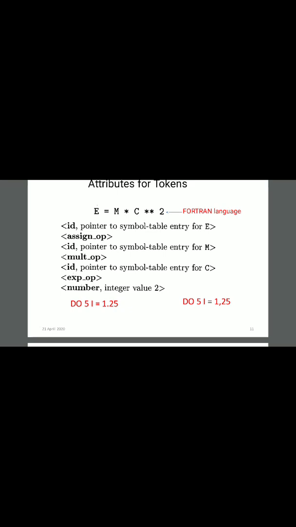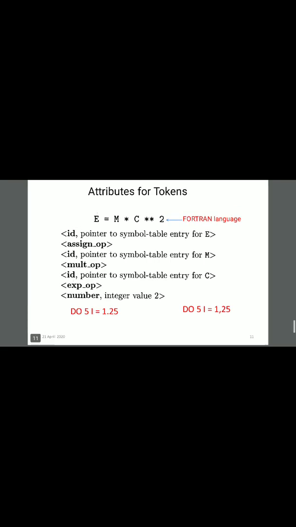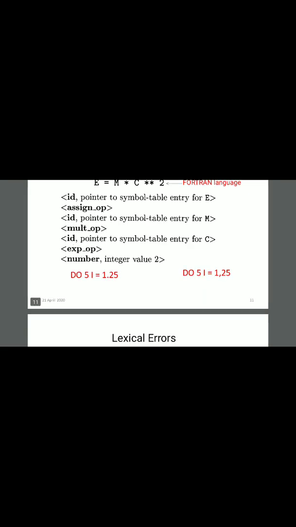Now the second one, DO 5 I = 1,25. Here the same thing is there, DO 5 I equal to 1 comma 25. In the earlier statement it is 1.25, so it can be treated as a number. But in this case, 1 comma 25, Fortran immediately understands that it is a looping statement. So this is the importance of providing attributes.